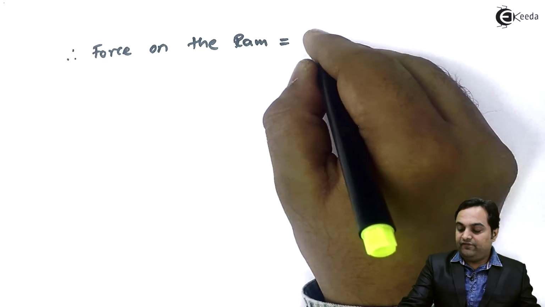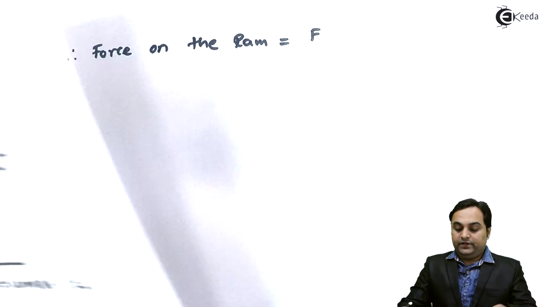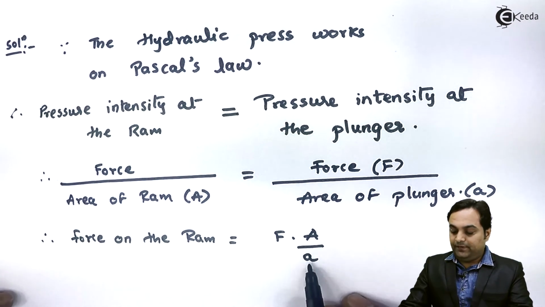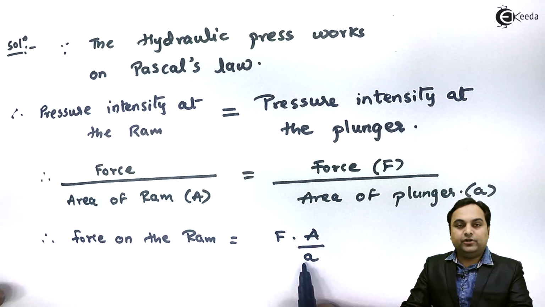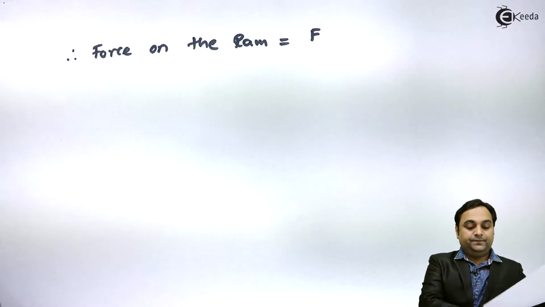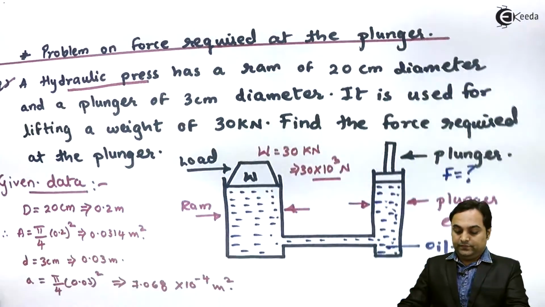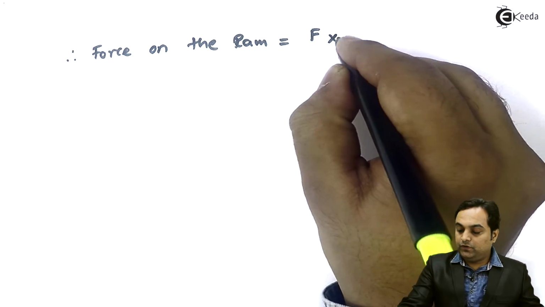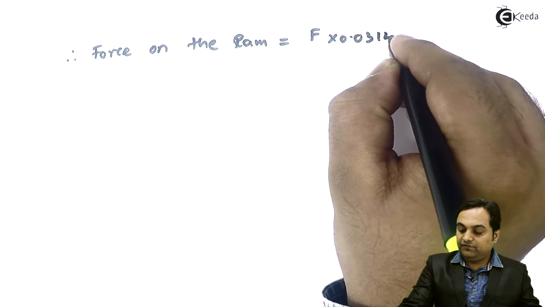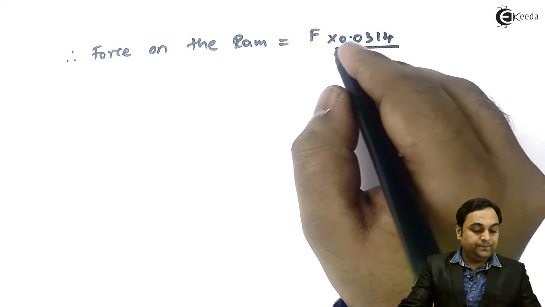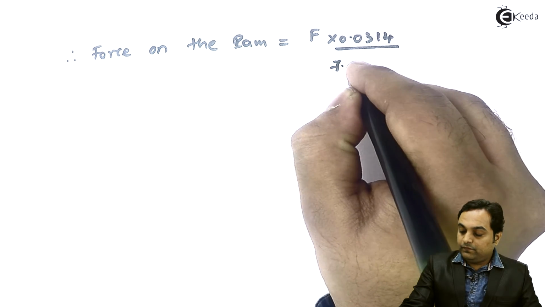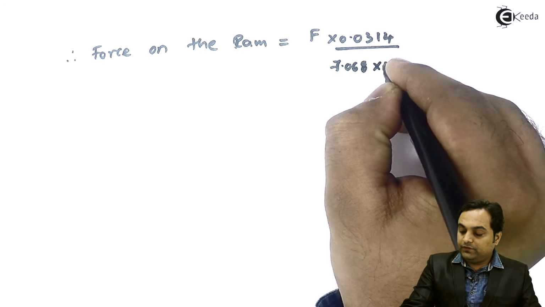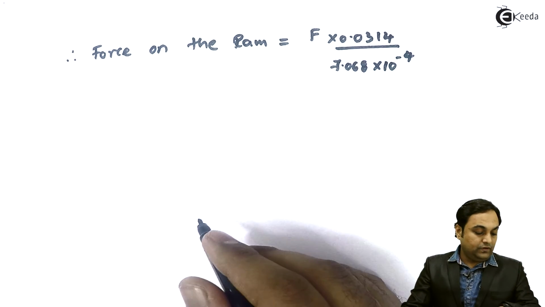So I'll keep F as it is, into capital A upon small a. Area of ram upon area of plunger we have already calculated. So I'll put the values of capital A and small a. Capital A was 0.0314, small a is 7.068 into 10 raised to minus 4.